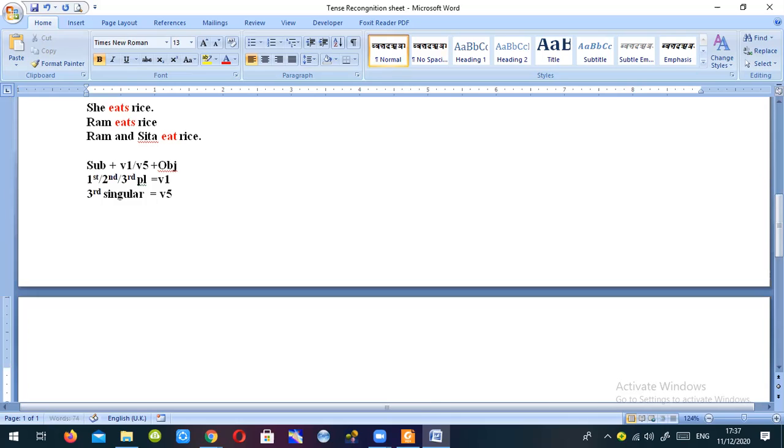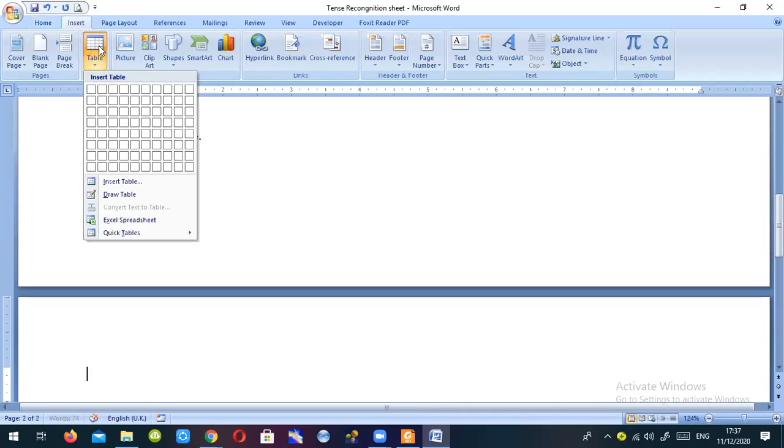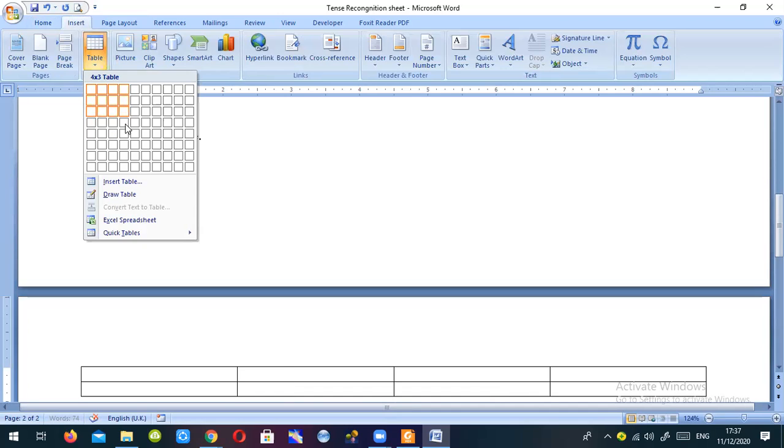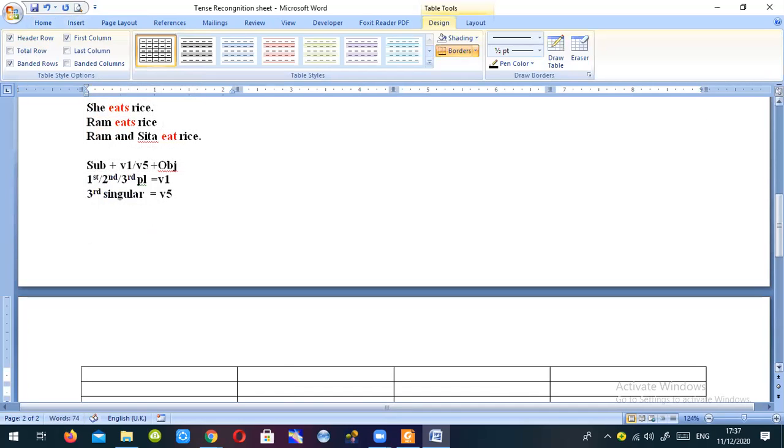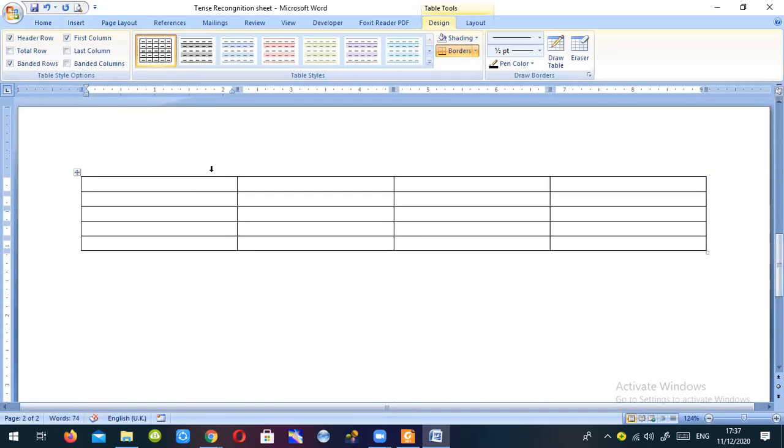For this, whenever I used to teach in the past, for school level students, I used to draw this table, and I always recommend you to use this table. Now you have to show, for example, this is singular, this one is plural, right?